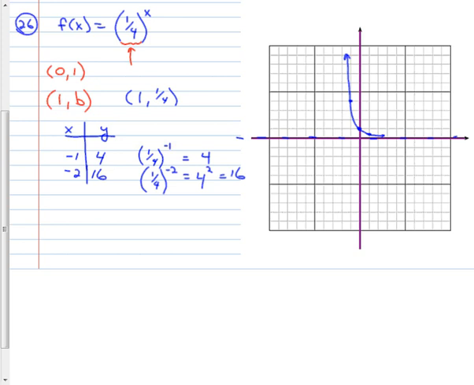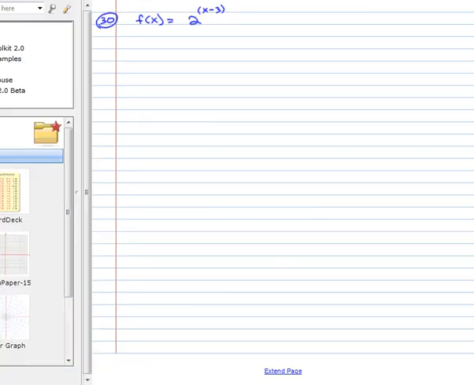Number 30, f of x equals 2 raised to the x minus 3. Now this one is an exponentially increasing function, or growth function, because that base is greater than 1.